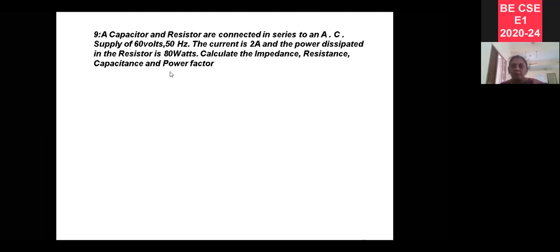So first, apply the formula I is equal to V by Z. Impedance is required now, so Z is equal to V by I. Voltage is given, voltage is equal to 60 and current is 2. So 60 by 2, the impedance is 30.